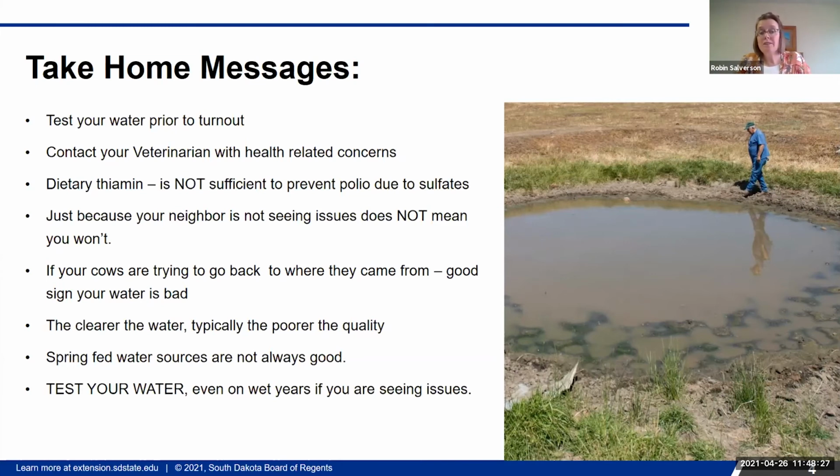Another one is just because your neighbor is not seeing issues does not mean you won't. I get this a lot from producers, like, well, this creek runs through my neighbor's and through mine, and my neighbor's cows have been out there since May, and they're seeing no issues. And it's now July.